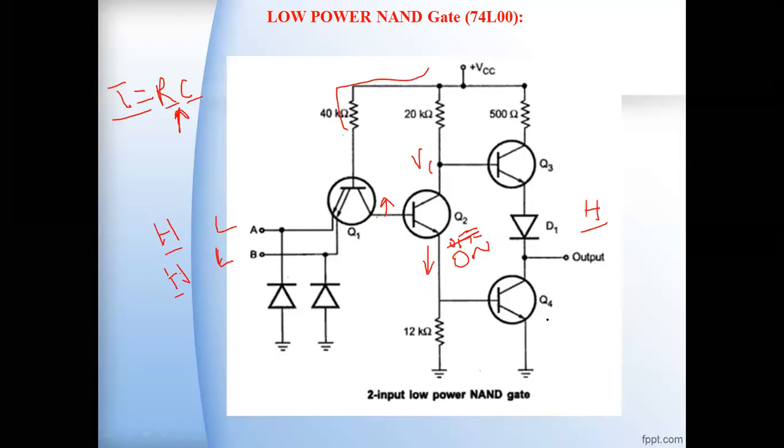When the transistor Q4 is on, it pulls down the output to the logic low value, that is 0 volts. It simply makes a short circuit at the output, and these two points are at the same potential, 0 volts. So the output is pulled down to 0 volts here. So the concept is the same.